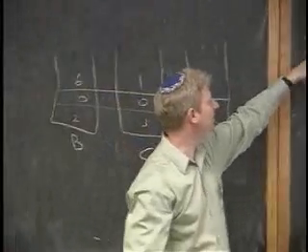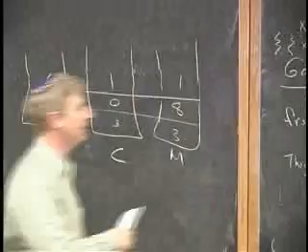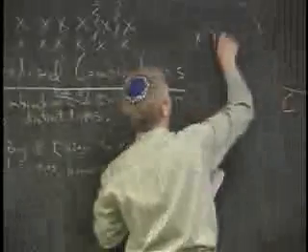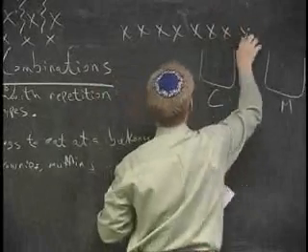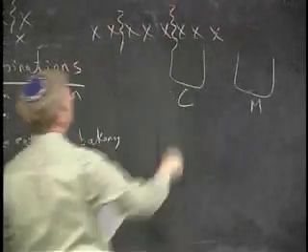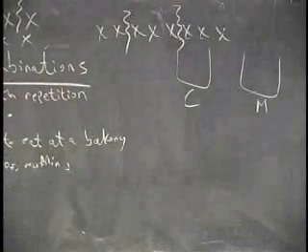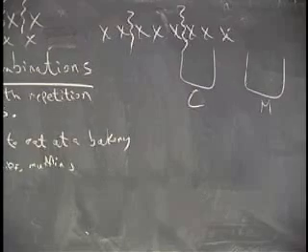This section has nothing, this section has nothing, this section has 8. How do you represent this one? 2, 3, 3. Everybody see what I'm writing down? I'm just writing it down with pictures. I'm taking every one of these ways of distributing the objects and making it into this picture.